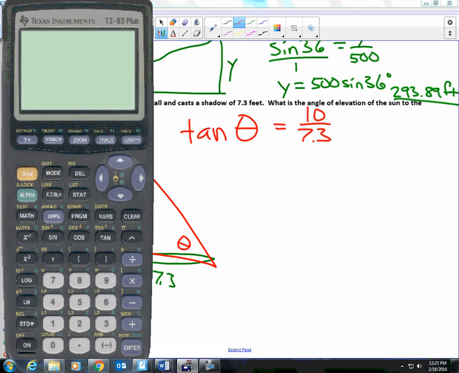And what I'll do is, instead of pressing tangent, I press second tangent. That doesn't mean tangent or 1 over tangent. It doesn't mean tangent to the negative 1. It means we're doing an inverse operation, which we'll get to later on. 10 divided by 7.3, I type that in, and it gives us the angle of 53.87 degrees.